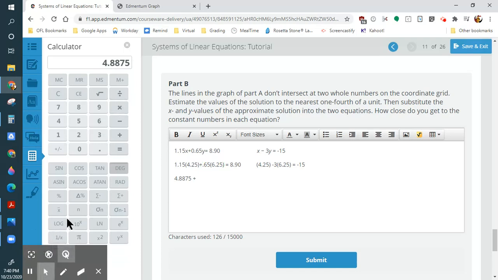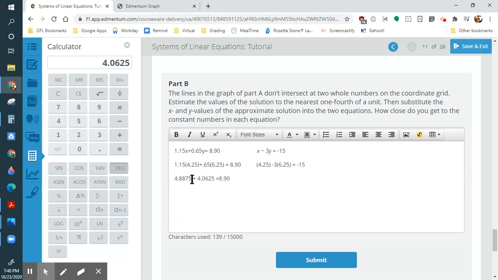So here I'm going to do 0.65. Oops. Clear this out. Make sure I'm in the actual calculator. 0.65 times 6.25, and I get 4.0625, and this should be equal to that.